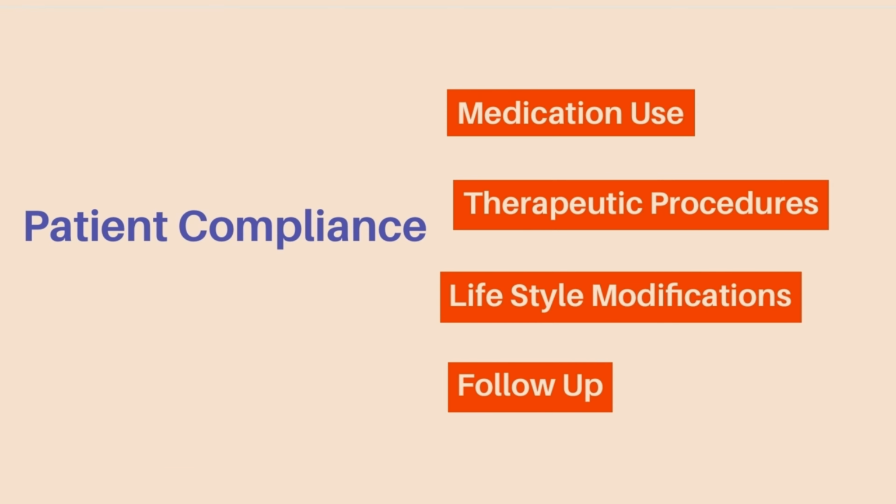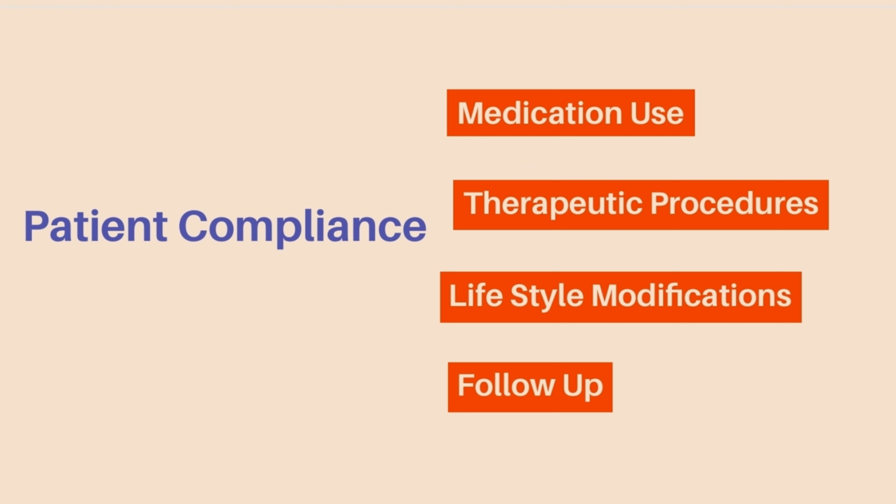Now the instructions that the patient should follow that are provided by the healthcare professionals are divided into four main categories. One is the advice related to medication use. In this, all the instructions related to the drug, dose, frequency, duration, when to take the drug, some advice related to the meal, and the duration of the therapy must be followed.